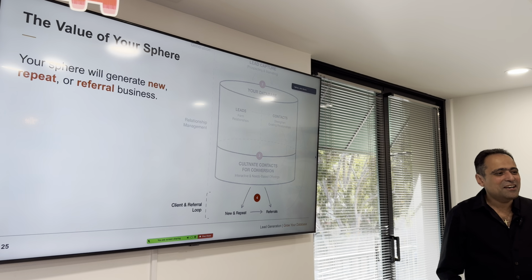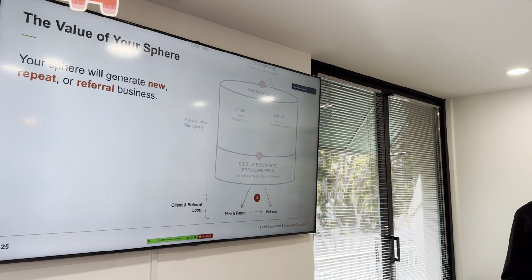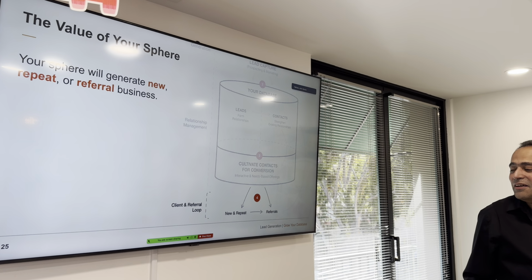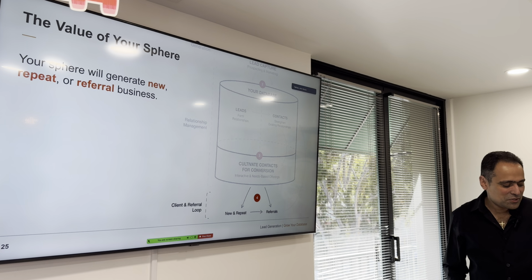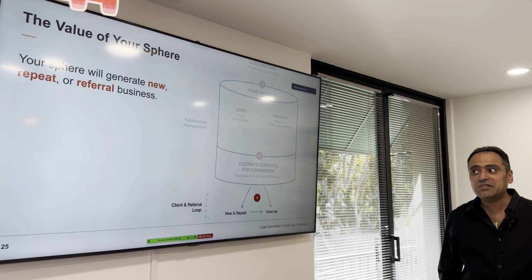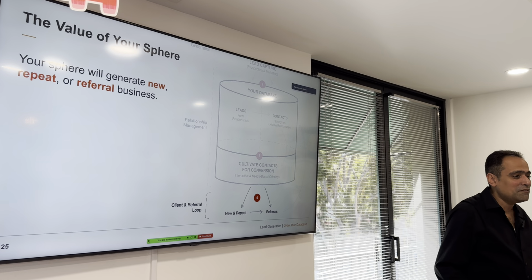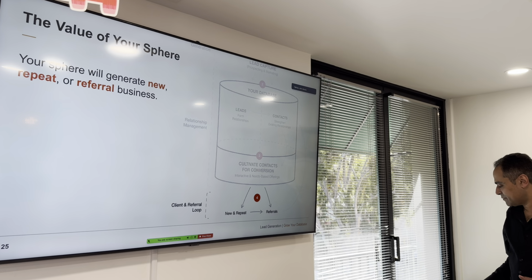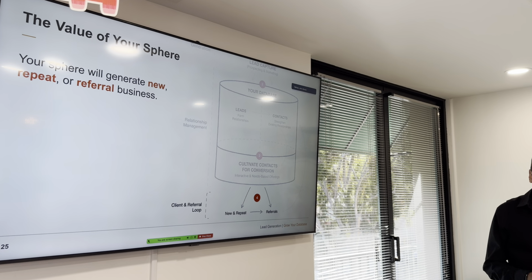In other words, keep doing it until you retire. One of the good things about a successful database is that when you retire, you can actually sell that database and make money off of it. Some people do that. So that's one of the benefits of having a database.